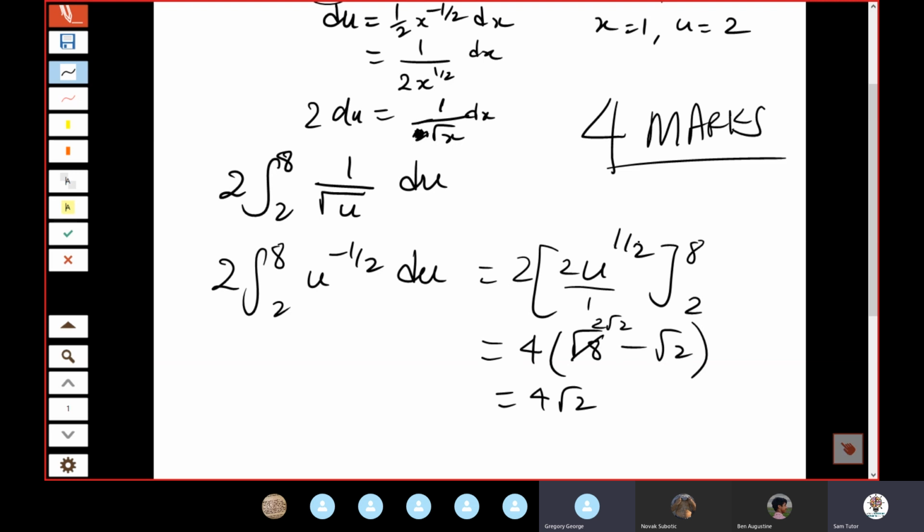Four marks is massive. To be able to get 4 marks in something that is so repetitive, it's pretty good. So integration by substitution, fairly straightforward. Shall we do another question, or still copying down?